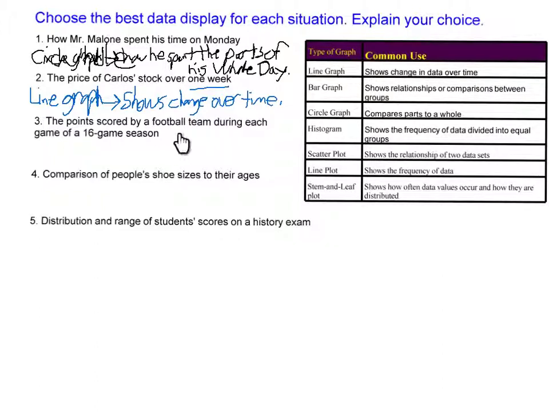So the points scored during each game of the 16-game season, you could see how that progressed.